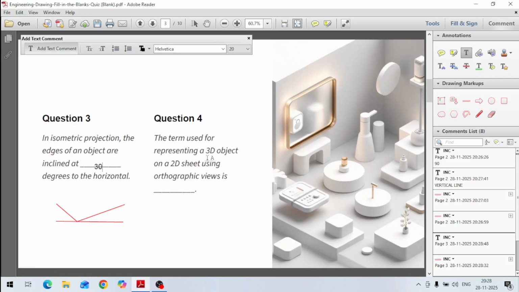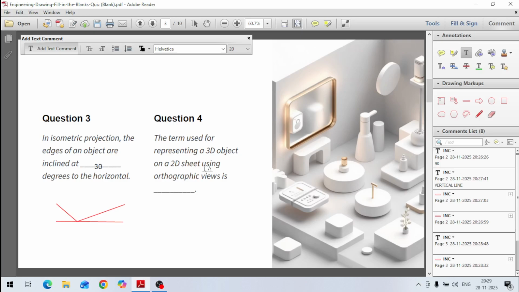Next is: the term used for representing a 3D object on a 2D sheet using orthographic views is, what is that? Which term do you use for representing a 3D object on a 2D sheet?